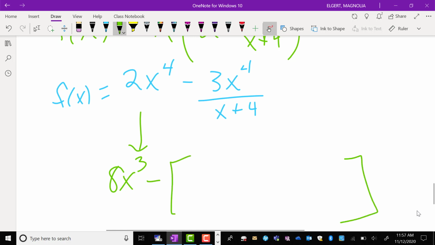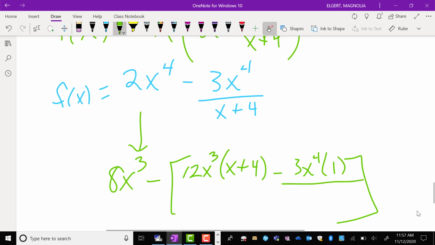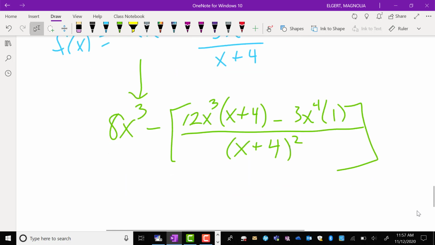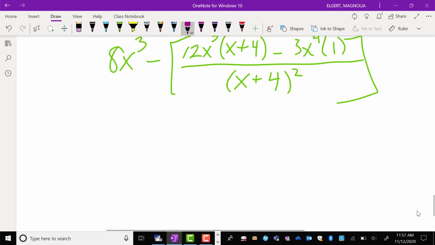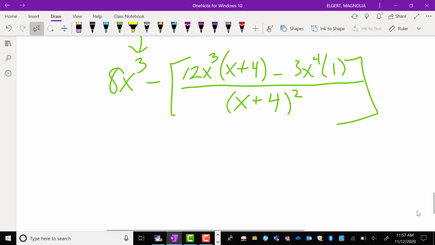So I'm going to put brackets here. The derivative of that is 12x cubed times x plus 4 minus 3x to the 4th times 1 all over x plus 4 squared. So if I do some rewriting here, move this down so I can see it.